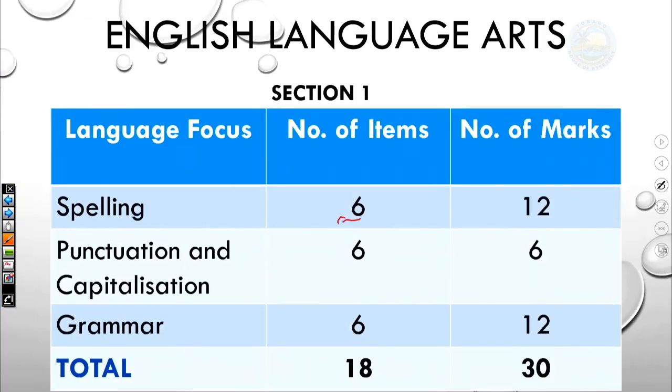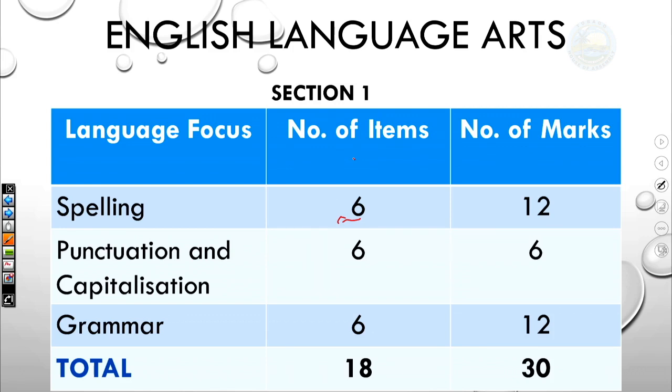The English language arts paper is divided into two parts, Section 1 and Section 2. Section 1 focuses on spelling, punctuation and capitalization, and grammar. There are 6 spelling items with a worth of 12 marks.